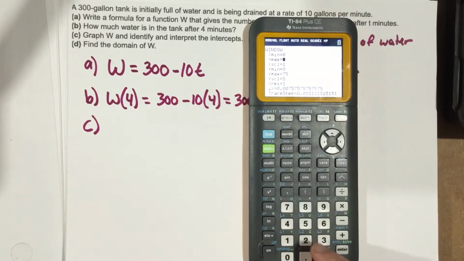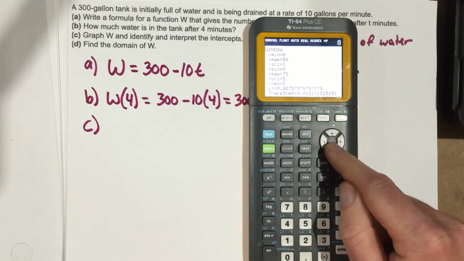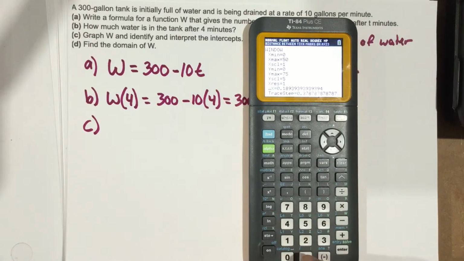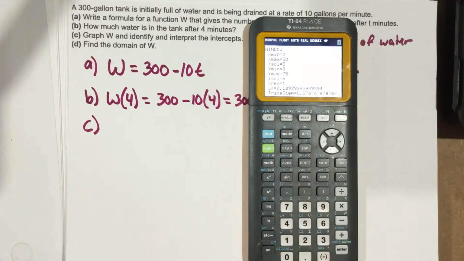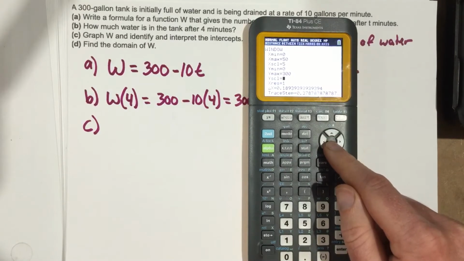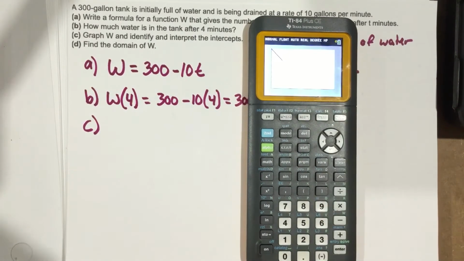I'll go with 50 as my number of total minutes. And let's go up by 5s. That'll be fine. And then the Y minimum is going to be 0 because 0 gallons, and the Y maximum is 300 gallons. And we'll go up by 10s there. Let's go ahead and graph that, see what it looks like.